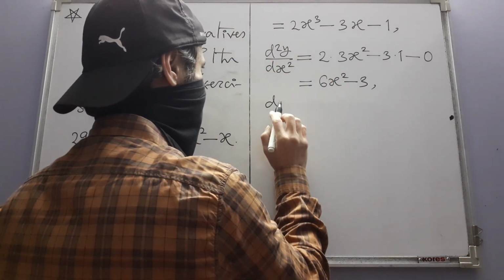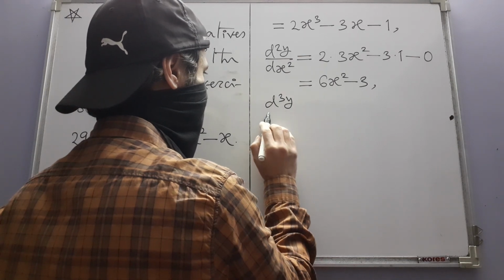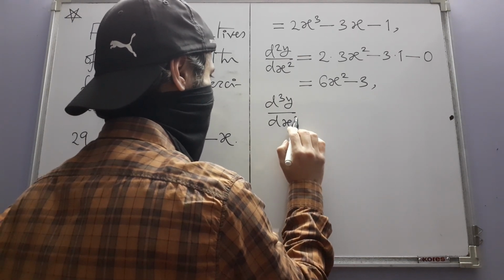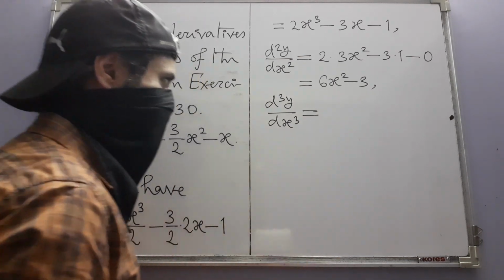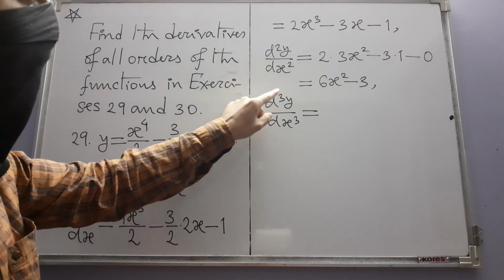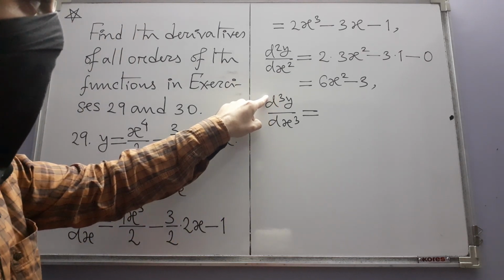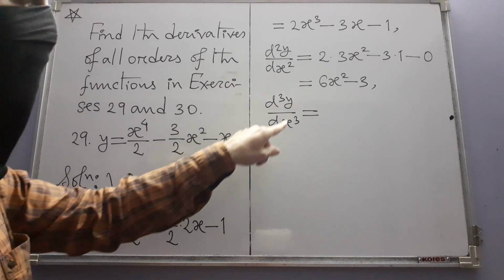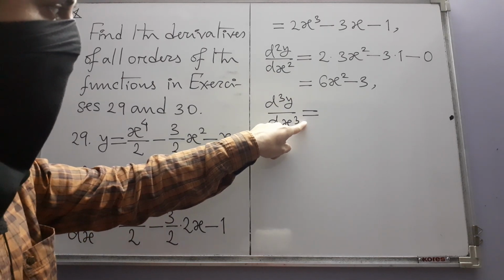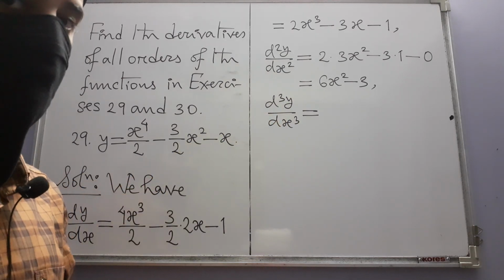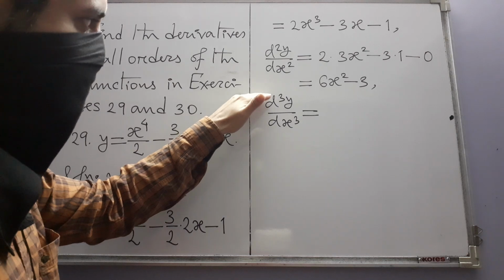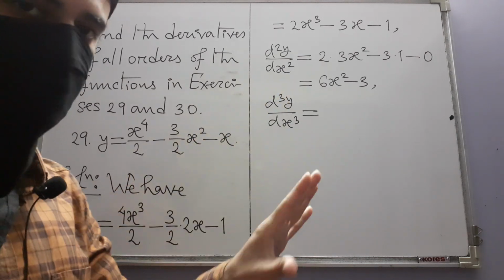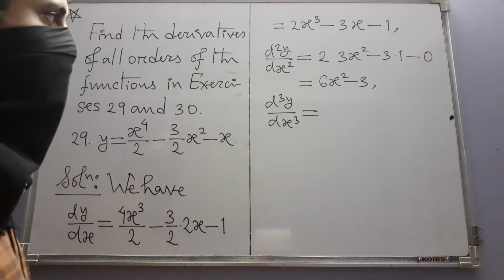Once more, if we differentiate, we get the third derivative. And also, do not forget that in this notation, this 3 appears over d in the numerator, and in the denominator the 3 appears over x. Although I am saying that this is numerator, this is denominator, actually this is not a fraction, I am just simply saying.